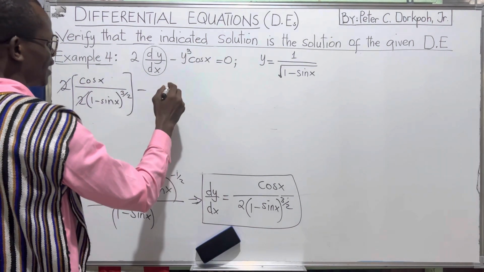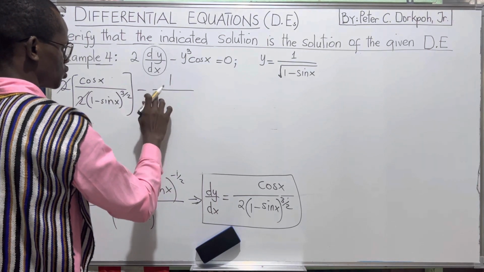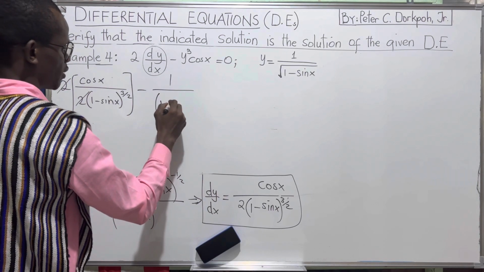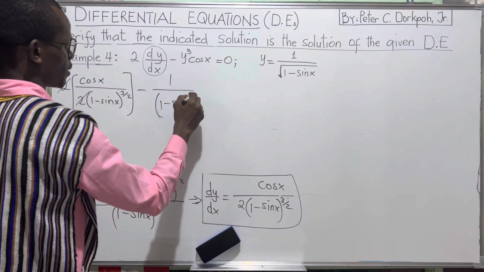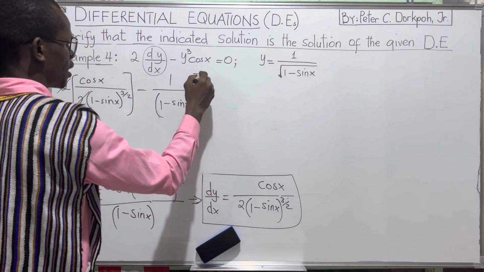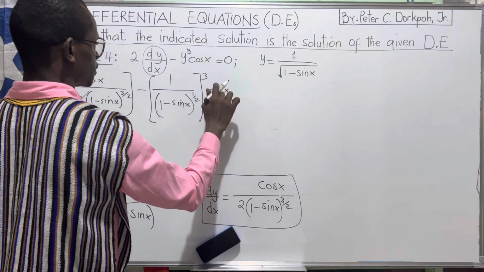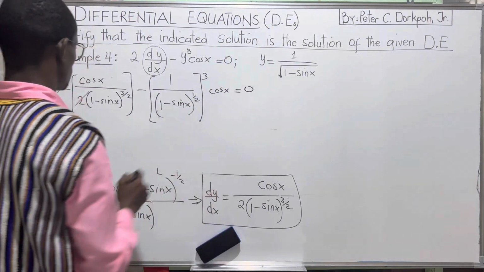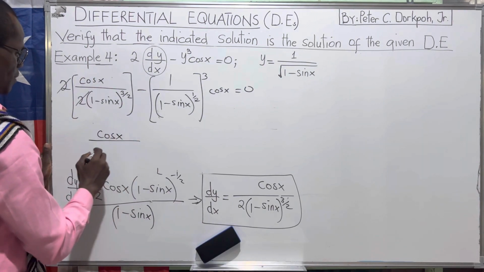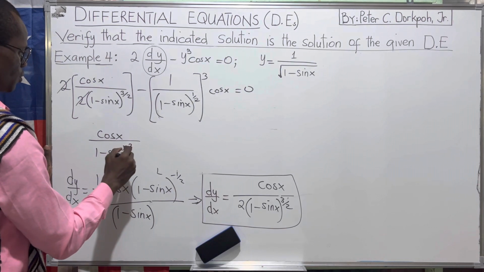Minus y now is 1 all over the root of, I'm going to just use parenthesis now, 1 minus sine of x raised to the power 1 over 2, all raised to the power 3, times cos of x, all equals 0. So this is now cos of x divided by 1 minus sine of x raised to the power 3 over 2.